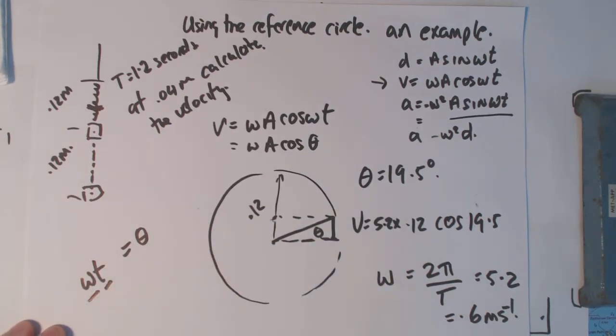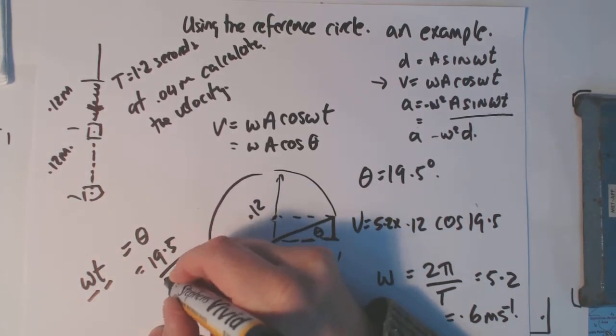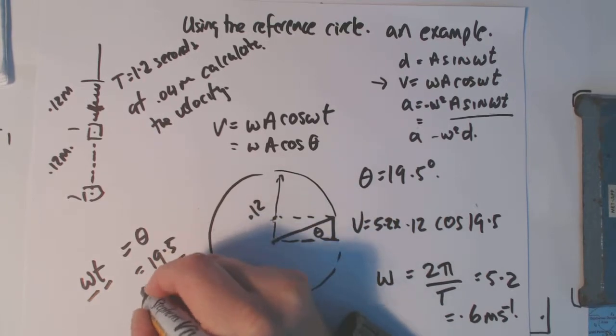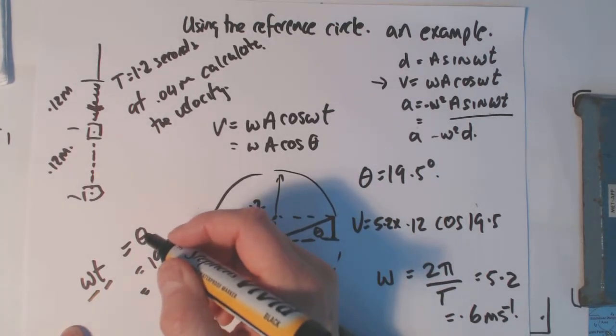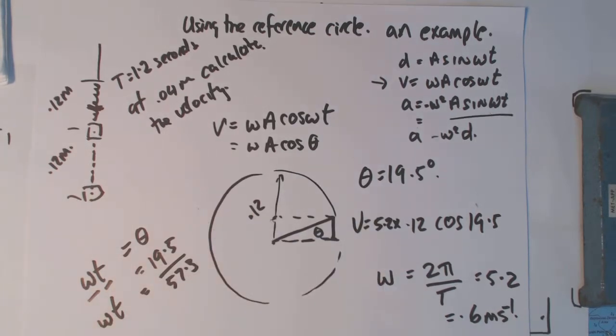It's going to give you an answer in radians, so don't put the angle in degrees. 19.5 degrees is 19.5 divided by 57.3 radians equals omega t. So omega t is equal to that. So all I need to do is divide it by omega, and I've got my t.